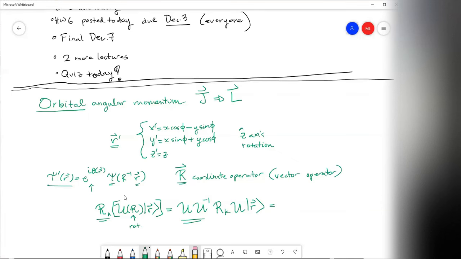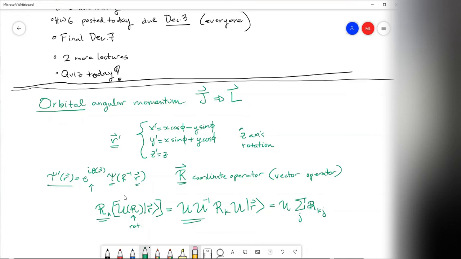So what this is, it's U, and then a sum over j of the rotation matrix, R_kj.